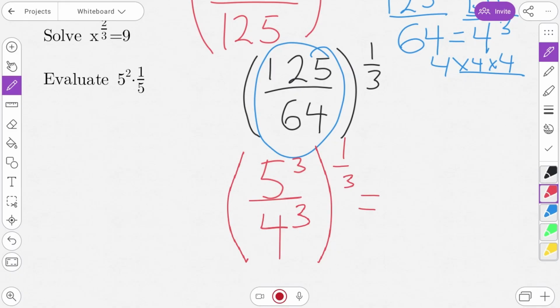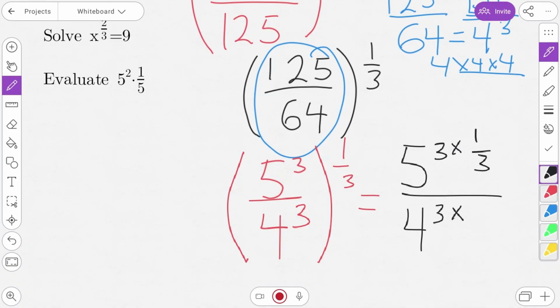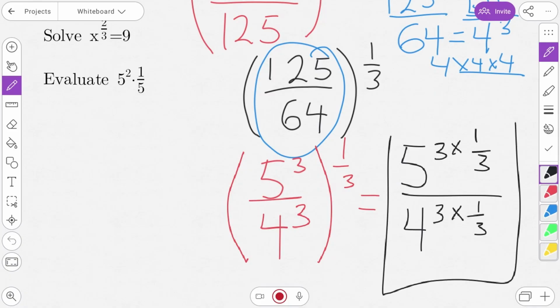We are going to express it this way. It is multiplying the bracket. So we have 5 raised to an exponent of 3 times 1 over 3, all over 4 raised to an exponent of 3 times 1 over 3. As you can see, there are common factors which can cancel out. So I've cancelled the 3's out.